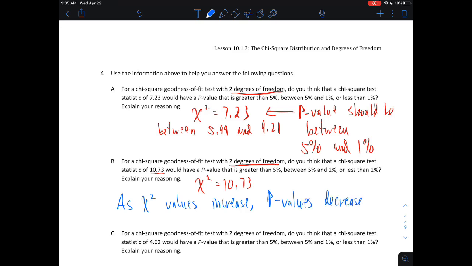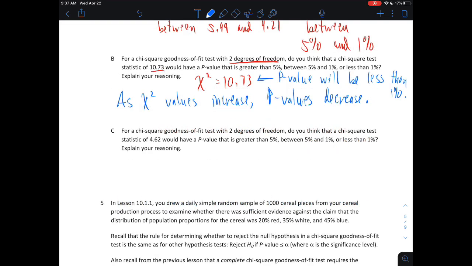So that means it must be smaller or less than 1%. So the p-value for this test statistic, 10.73, will be less than 1%.